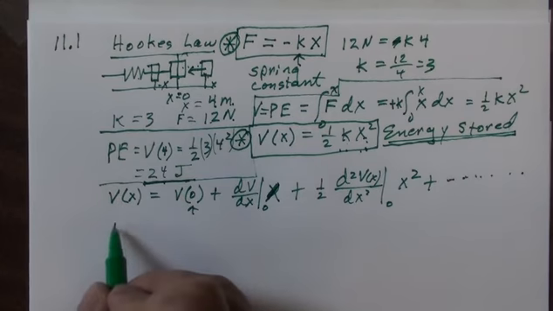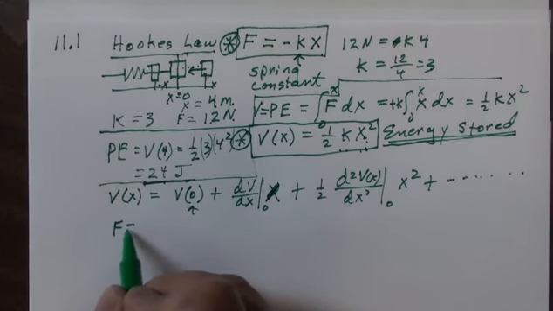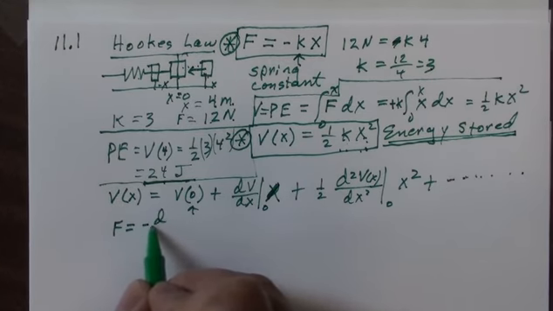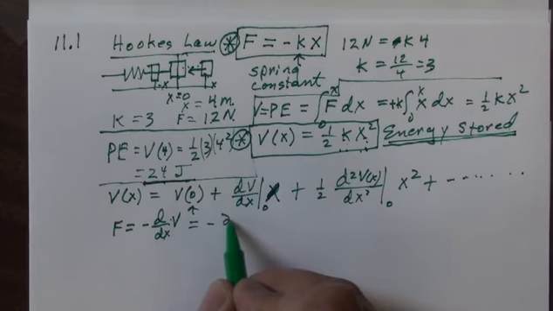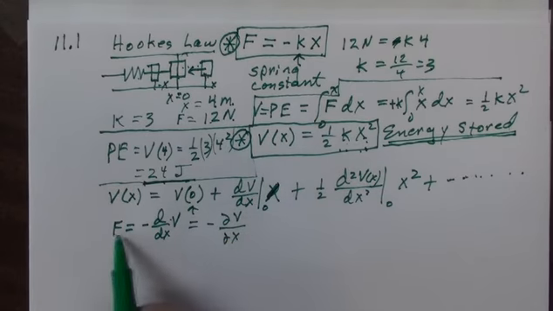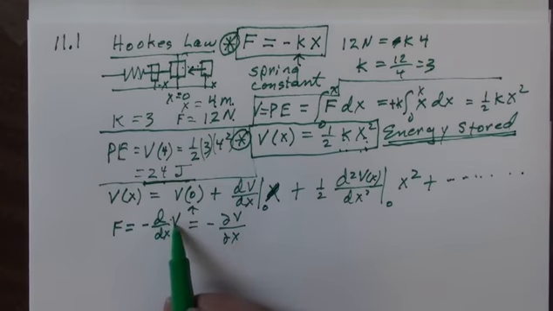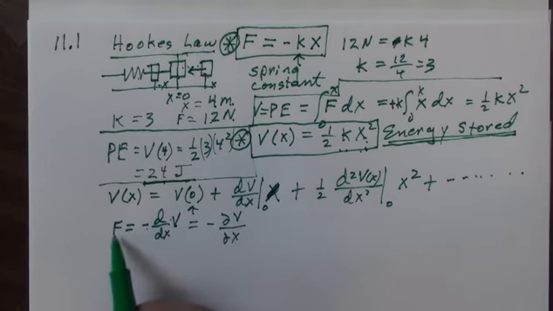You recall that the force is minus the derivative of the potential with respect to position, often written as a partial derivative if you're familiar with partial derivatives yet. So the force is given by this formula here. So if I know the potential energy, I can take its derivative with a negative sign, and that will give me the force.